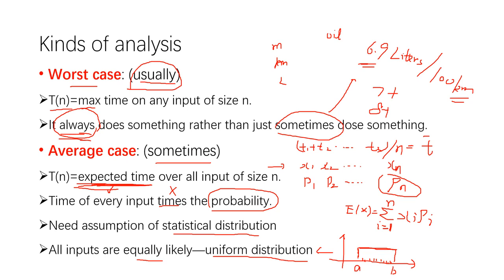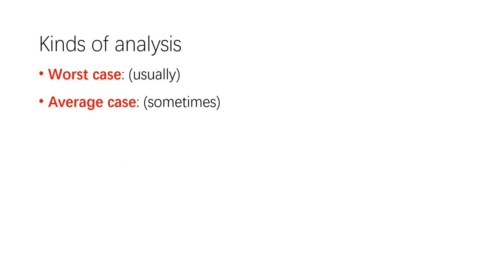It's actually a little more complex than the worst case when you try to calculate it. So we only sometimes use it, not usually, because average is pretty hard to define in different situations. So that's the first two, worst case and average case.